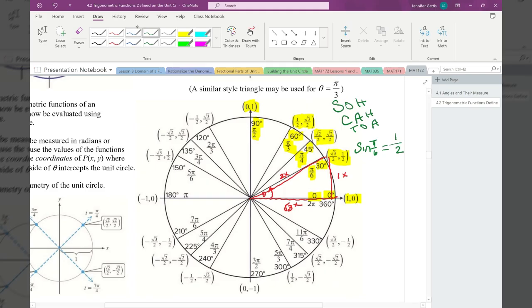And our cosine of pi over 6 is going to be adjacent over hypotenuse.